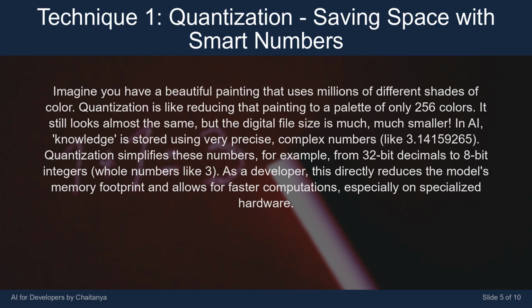Quantization simplifies these numbers, for example, from 32-bit decimals to 8-bit integers, whole numbers like 3. As a developer, this directly reduces the model's memory footprint and allows for faster computations, especially on specialized hardware.